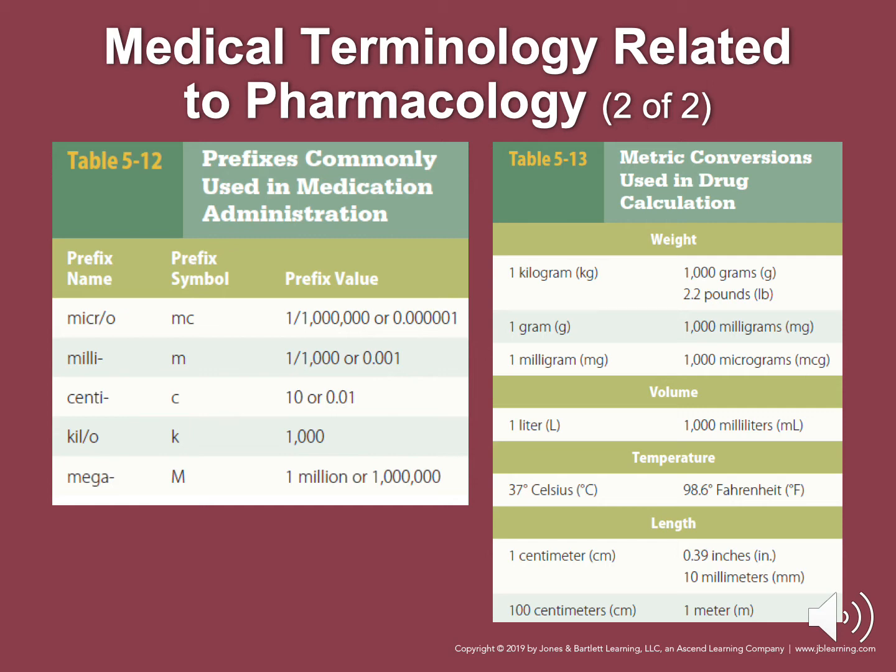So metric conversions used in drug calculations: 1 kilogram is 1 kg, 1 gram is 1 G, 1,000 milligrams, and milligram is mg. Micrograms, pounds and grams. So there's temperature, volume, and length.